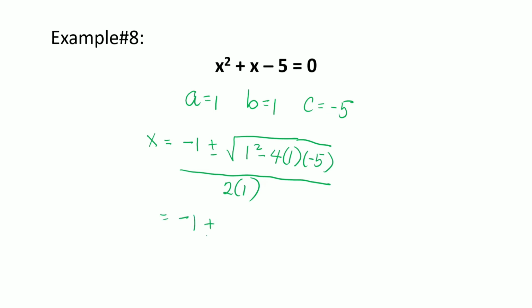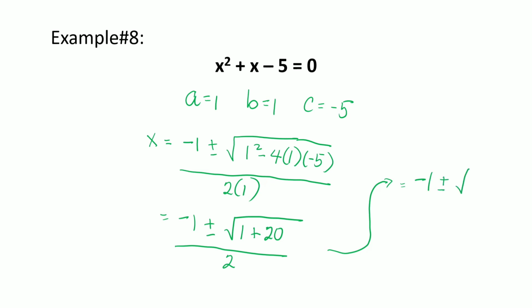Negative 1 plus minus the square root of 1, so that would be negative times another negative, that will become positive. 4 times 1 times 5, so that is 20, all over 2. Okay? So simplifying this expression, we have negative 1 plus minus the square root of 21 all over 2.